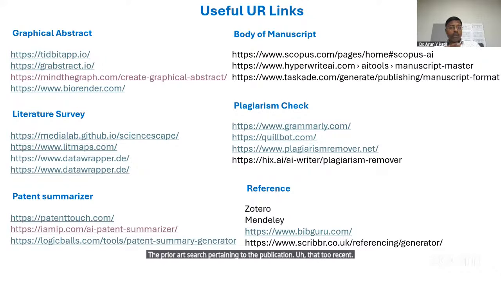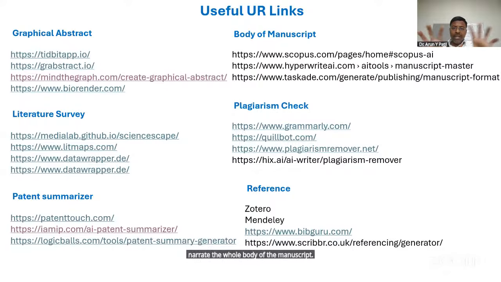So it will enlighten you with the latest research articles, which will be helpful for you to understand which journals are publishing this kind of area-based work. That is where you will even be able to understand how I can narrate the whole body of the manuscript.